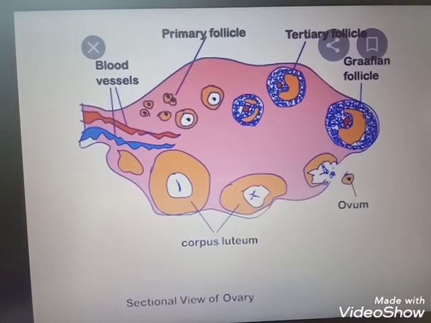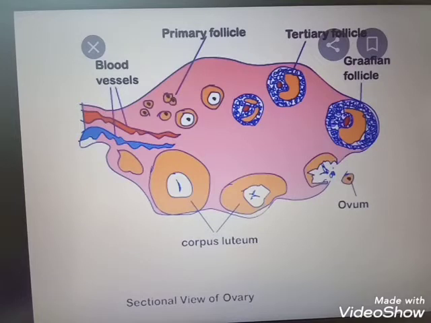The primary follicles are surrounded by more layers of granulosa cells and form a new theca, and are known as secondary follicles. The secondary follicle further transforms into a tertiary follicle, which is characterized by a fluid-filled cavity. The cavity is known as the antrum. The theca layer is organized into the outer theca externa and the inner theca interna.